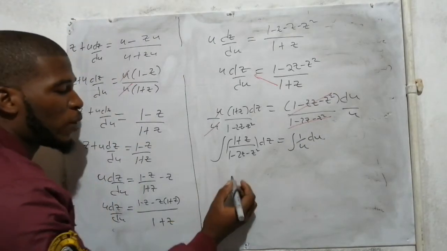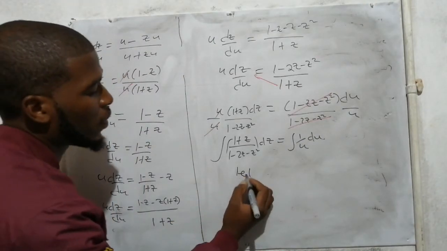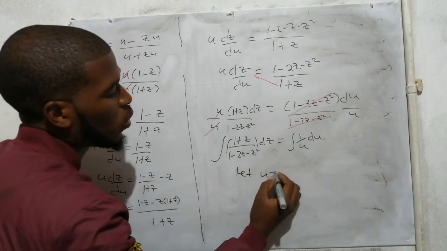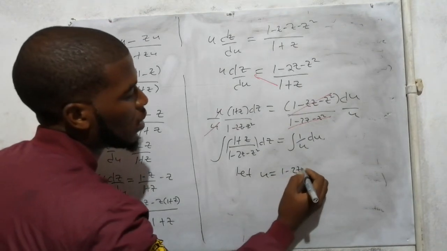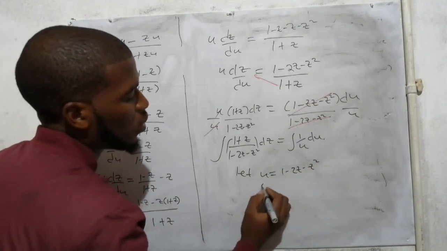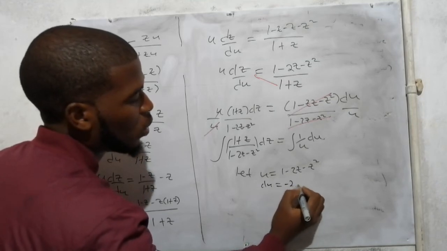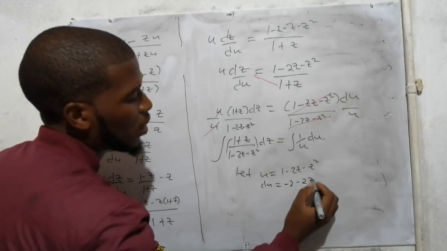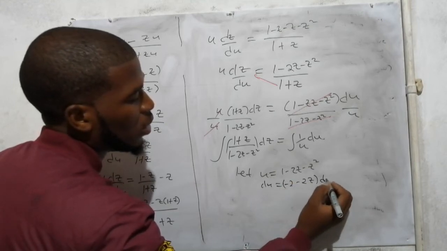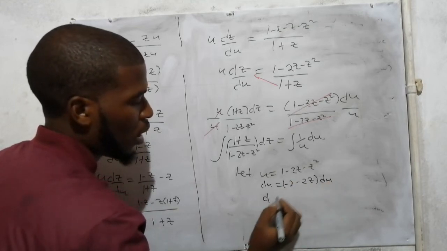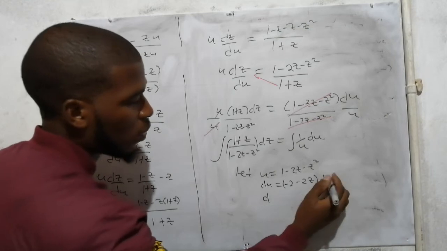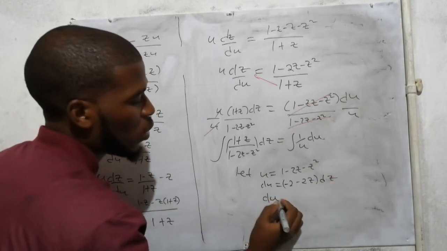I know some of you have forgotten. First in integration, let u equal 1 minus 2z minus z squared. So du will become negative 2 minus 2z dz.